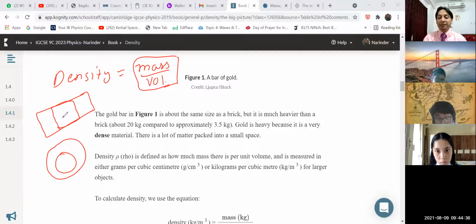The simple answer is the distribution of mass. In the same space, the distribution of mass of atoms or particles is less in wood as compared to stone.